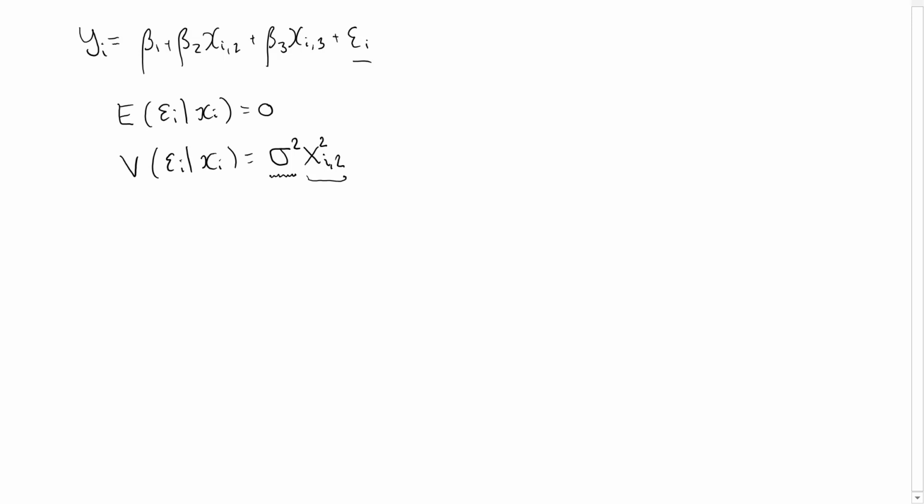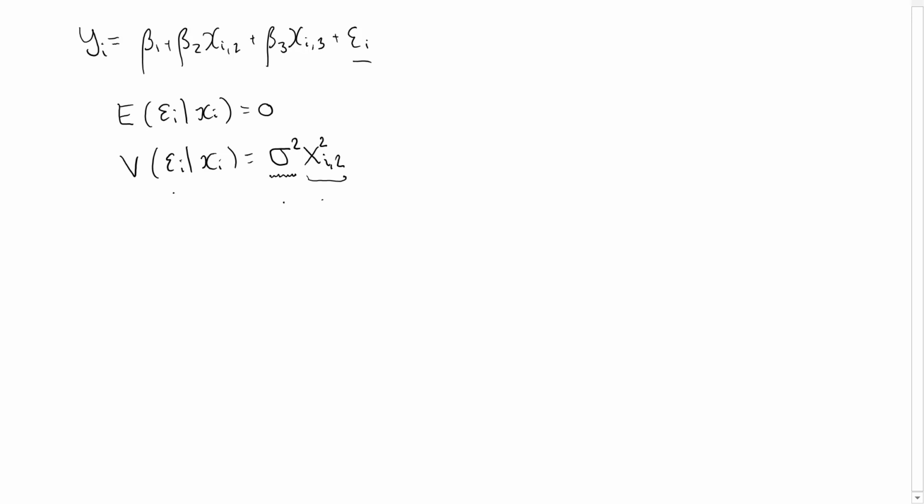This also means that the standard deviation of the error term is a constant sigma multiplied by xi2. So the idea here is that as xi2 increases, the standard deviation and the variance of the error term gets bigger as well.